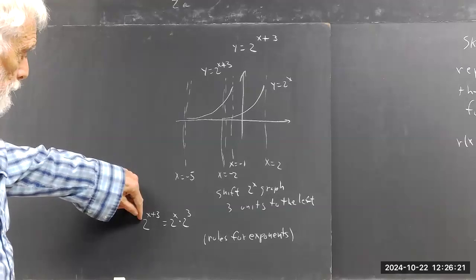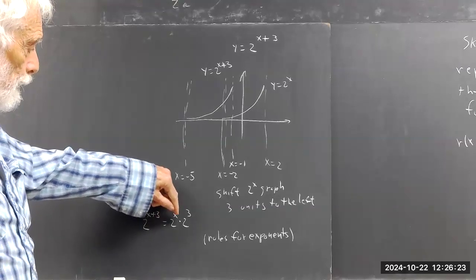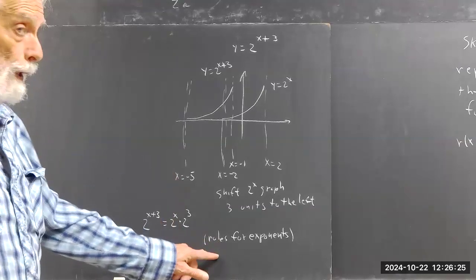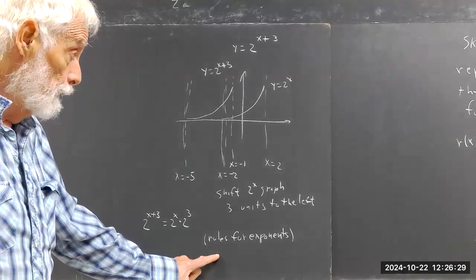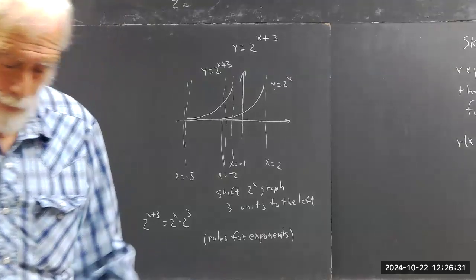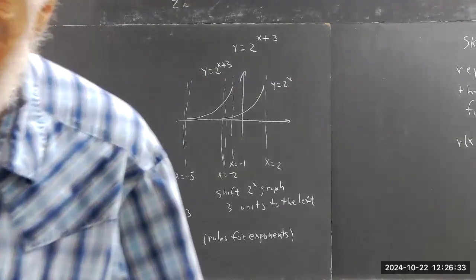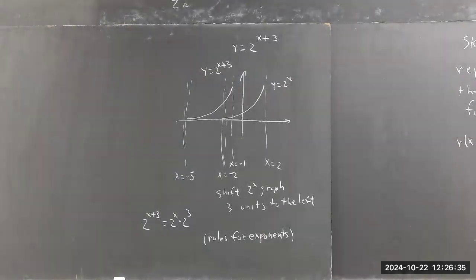And another little tidbit: 2 to the x plus 3 is 2 to the x times 2 to the third. You have to know the rules of exponents in order to do the exponential functions. So I advise people maybe take a quick look at the chapter on exponential functions. Start your brain working on it.